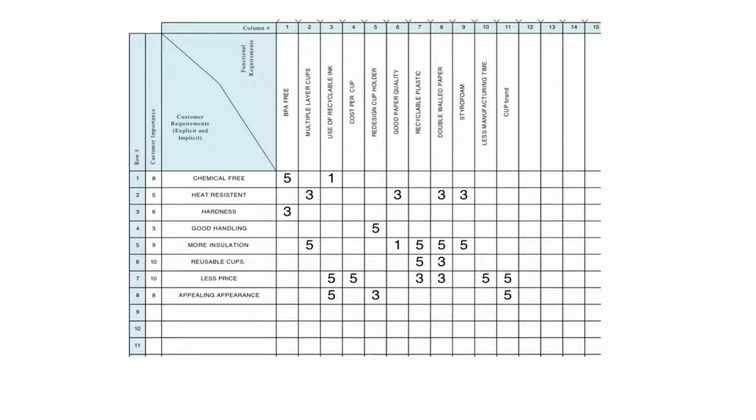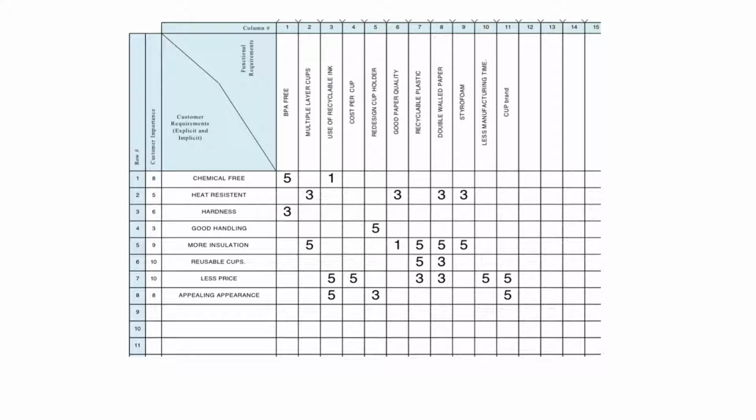Next, let's look into the use of recyclable ink, which is least important with chemical-free, because the ink used for printing is on the outside of the cup. There is nothing inside, so there's not much relationship.